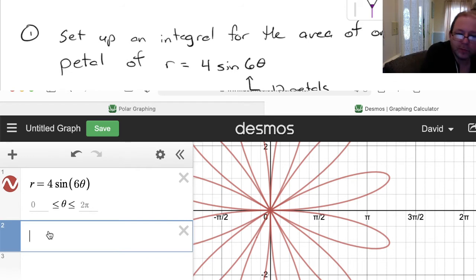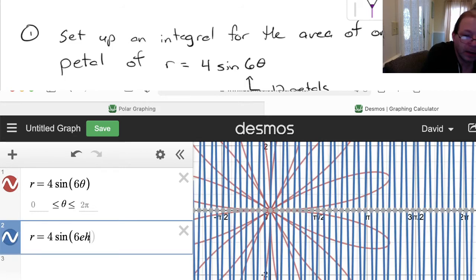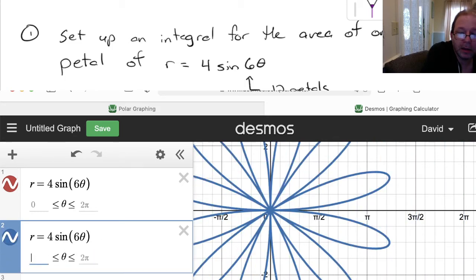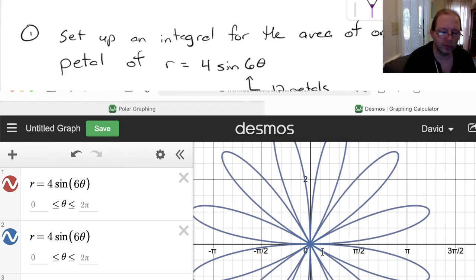Now, I'm going to plot this again. 4 sine 6 theta. And notice we've got a total of 12 lobes. There's 2 pi when you go a full revolution.